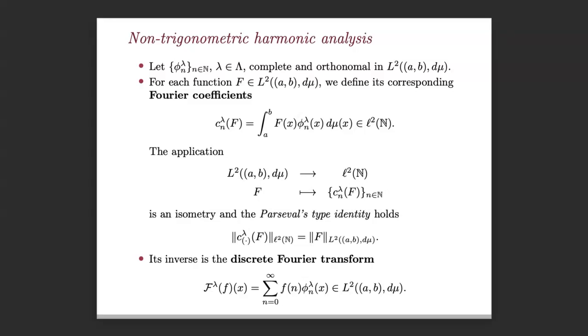The application from L2 of functions to the L2 of sequences is an isometry, and the Parseval's type identity holds. The 2 norm of the sequence of Fourier coefficients of f is equal to the 2 norm of the function. The inverse of this application is called the discrete Fourier transform.